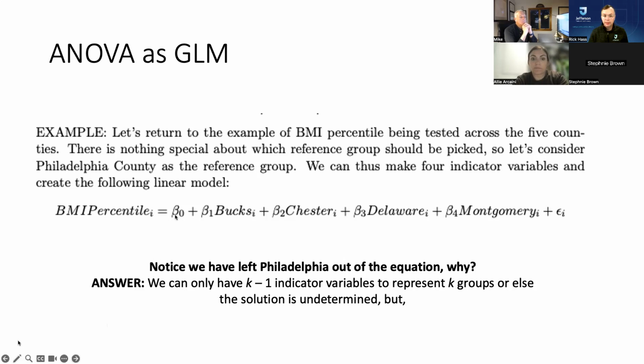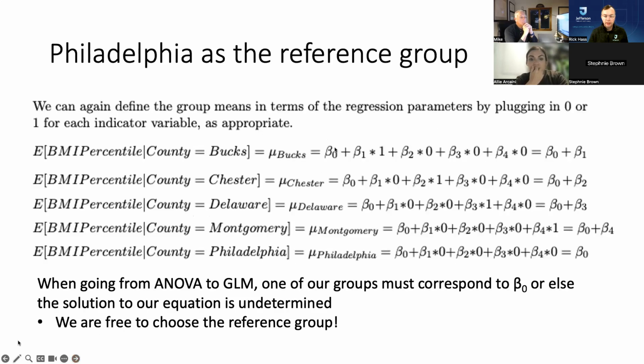It's the intercept. It's going to represent the mean of whatever the reference group is. Then each beta is still going to represent a difference, but we work it out this way. So again, we take expected values conditional on the values of the indicator variables.